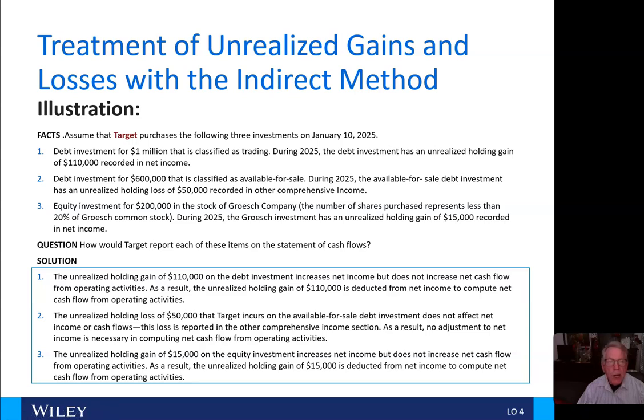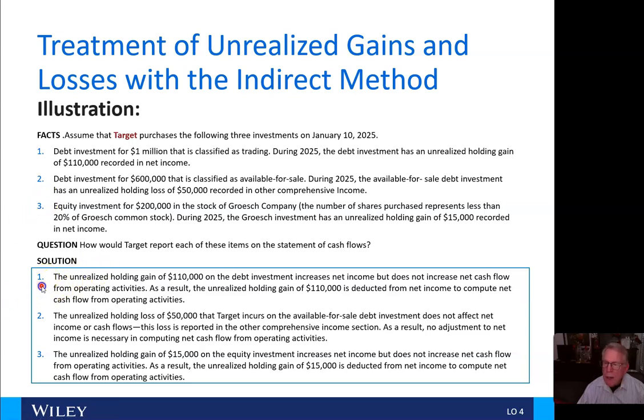The number of shares purchased represents less than 20% of Grosh's common stock. So during 2025, the Grosh investment has an unrealized holding gain of $15,000 recorded in net income. So, how would Target report each of these items on its statement of cash flows?